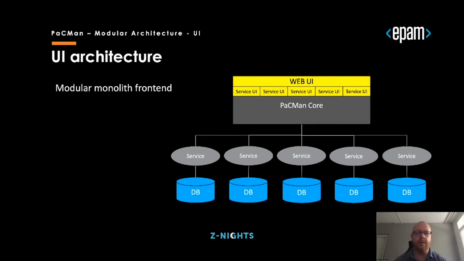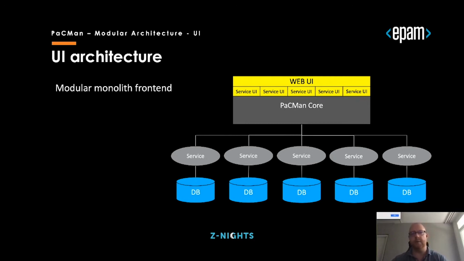Okay, hello everyone. My name is Viktor Spesiak, and I'm going to talk about our UI architecture. Basically, we are coming from a modular monolith front-end application, which was an Angular single-page application. If you look at the diagram, it's part of the PACMAN Core, and every backend service has its own little piece of UI service in it.